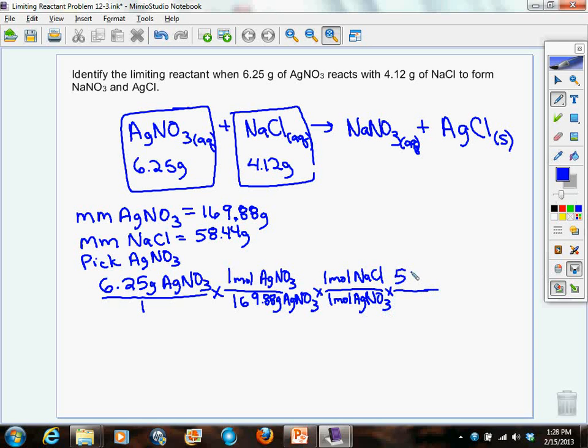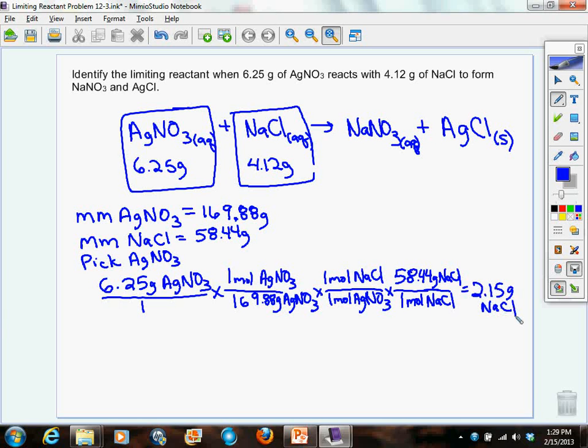So 58.44 grams, that's the molar mass of sodium chloride, are in 1 mole of sodium chloride. And this is equal to, multiply 6.25 times 58.44, divide that by 169.88, and I get 2.15 grams of sodium chloride.